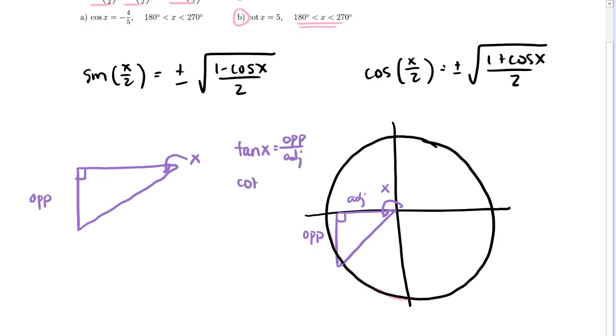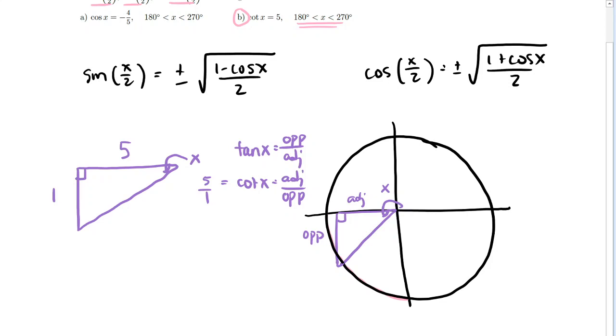We're getting the ratio 5 here, so I can think of this as 5 over 1. And so I can do what we did before when we dealt with inverse trigonometric functions. We can view this ratio 5 over 1 as the side lengths of this right triangle, 5 and 1. Sorry, I keep messing this up. Cotangent is adjacent over opposite. So here I've got 5 as my adjacent side and 1 as my opposite side length.